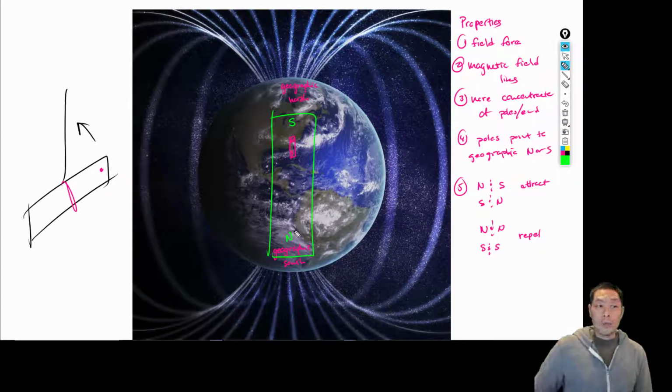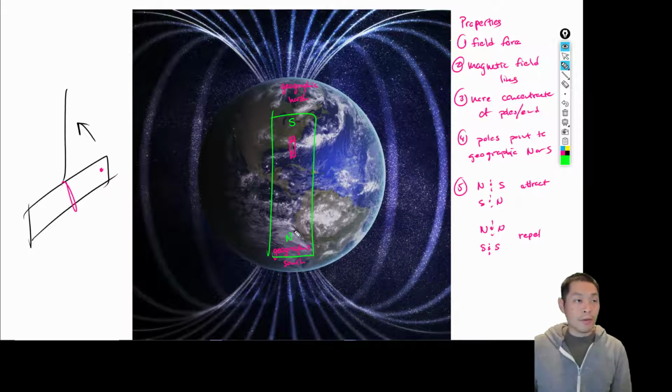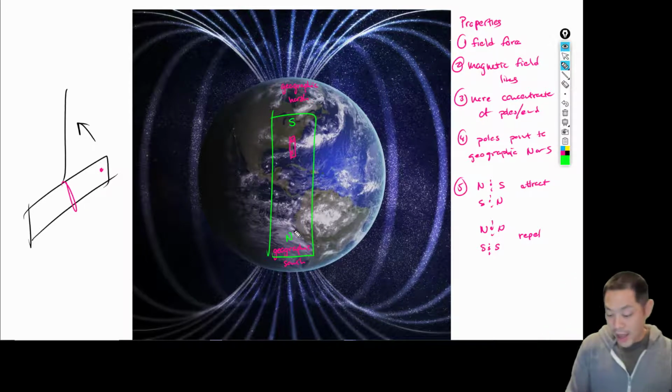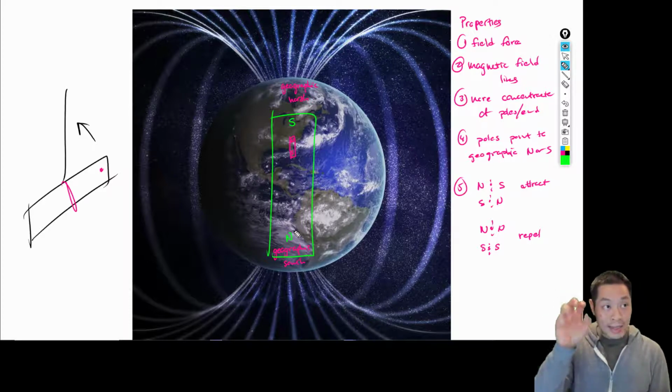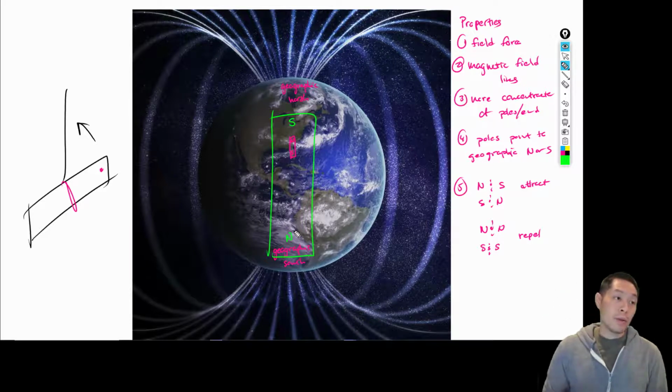It's kind of weird, but that's just how we defined magnets. Remember, the north end of the magnet points to the geographic north. The south pole of a magnet points to the geographic south. Now, we also know that they attract opposite poles. In that case, the Earth has to be south magnetically on top and north magnetically on bottom.